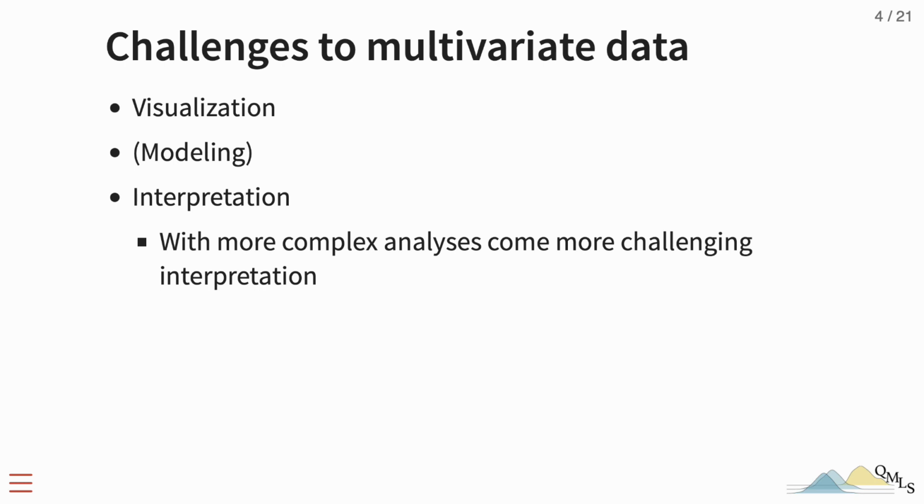The challenges of dealing with multivariate data, and particularly highly multivariate data, when you have many, many variables to be thinking about, is that visualization quickly becomes an issue. Remember, we as humans are limited to being able to picture things in 3 dimensions, and once you go beyond that, things get hard. Some of the modeling can be challenging, and there are different things that you need to consider, which you will see much more of throughout this module.